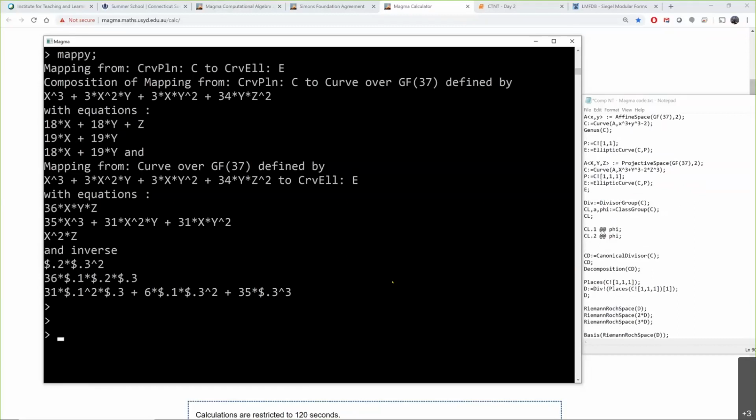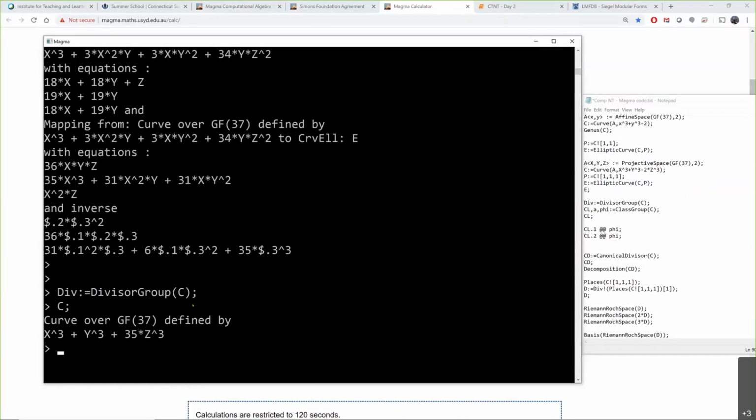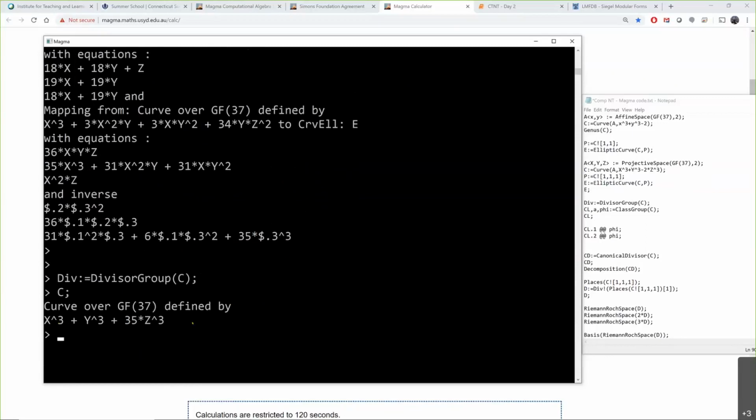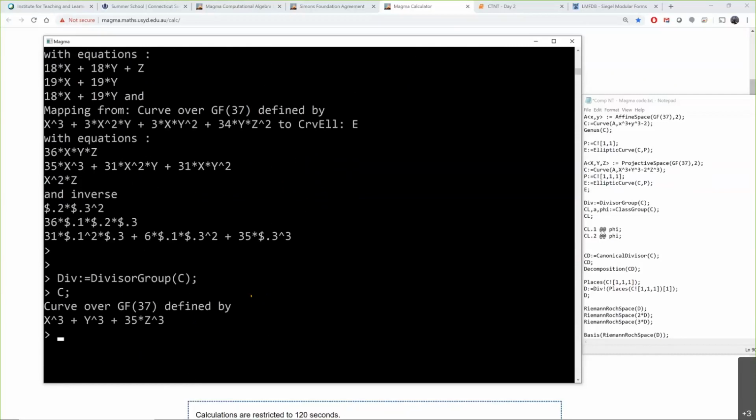So let's do divisors with Magma, just so you see the beginning of how to start doing something like that in actual computations. I can define the divisor group of C, C being the curve not in Weierstrass form, and I can compute the divisor group.